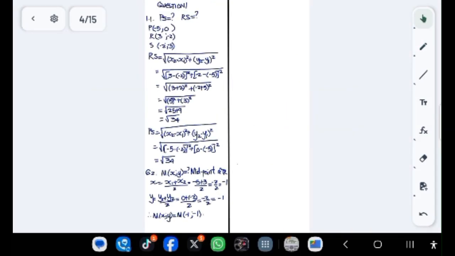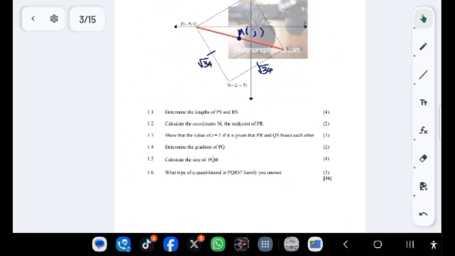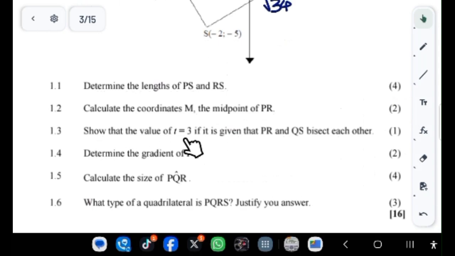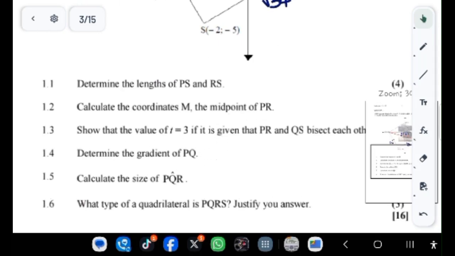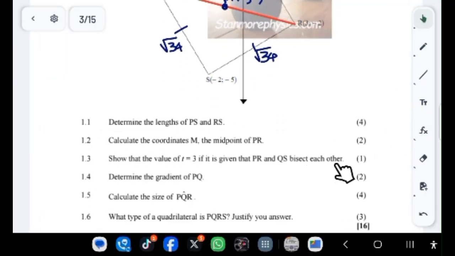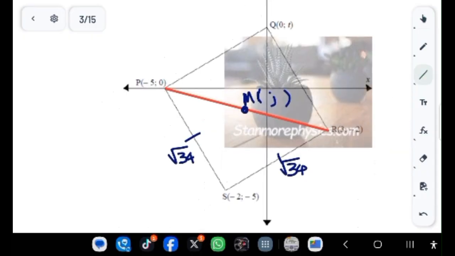Next, 6.3. Oh, sorry, that is 1.3. Show that the value of t equals 3 if it is given that PR and QS bisect each other. So there is the other diagonal there.